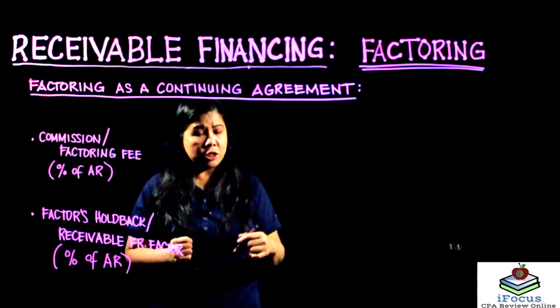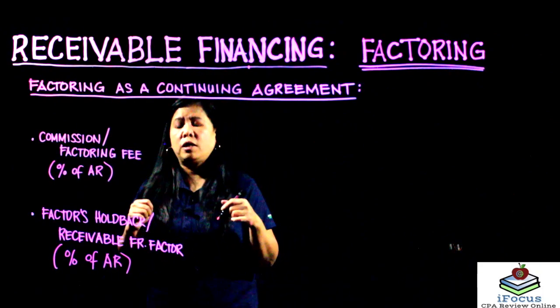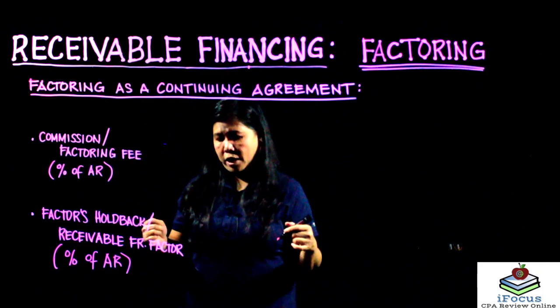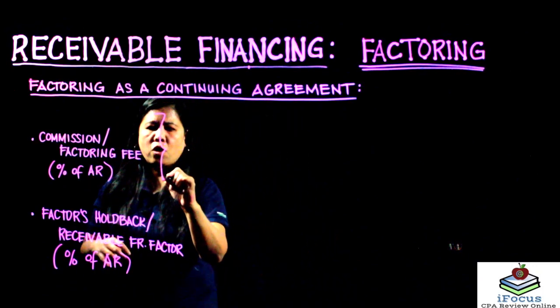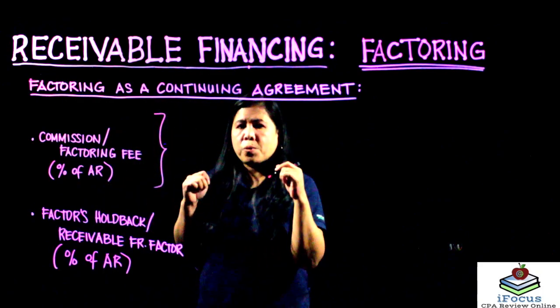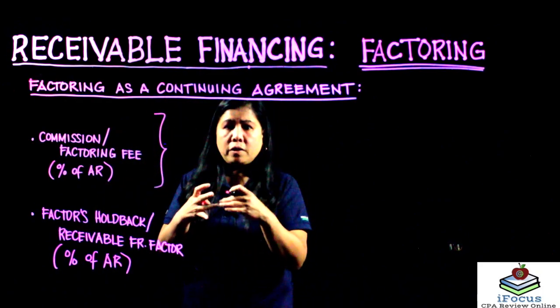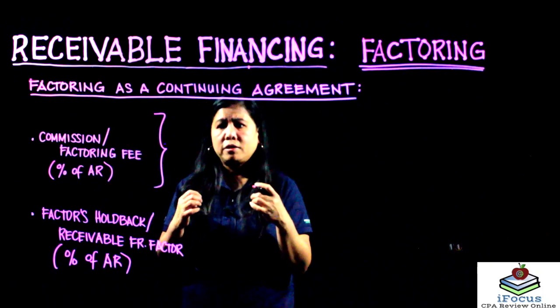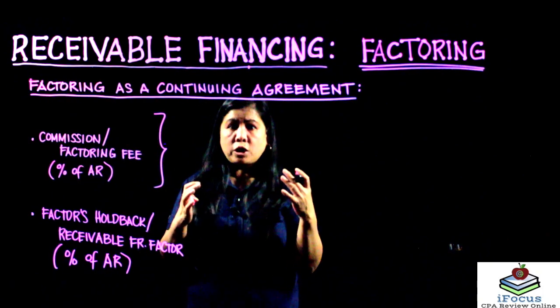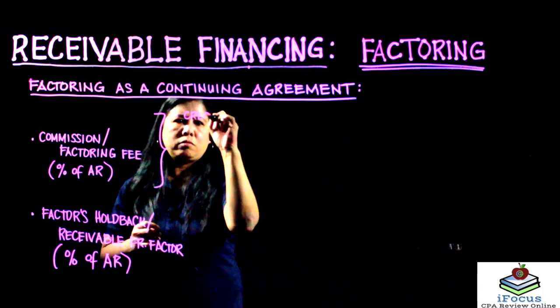Bakit nag-charge ang factor ng commission or a factoring fee? So, itong commissions and factoring fee, this actually covers the credit approval, the billings, the collections, and the uncollectible accounts. Because the factor, nag-a-assume siya ng responsibility.